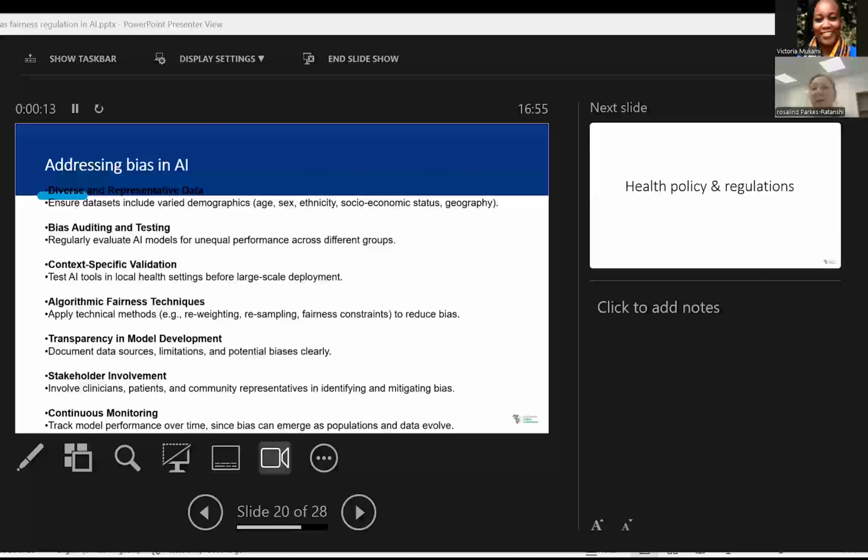No, it's not letting me do that. Okay, I can't see. It's just frozen. Under the slideshow menu, just uncheck the presenter view. Maybe that will work.